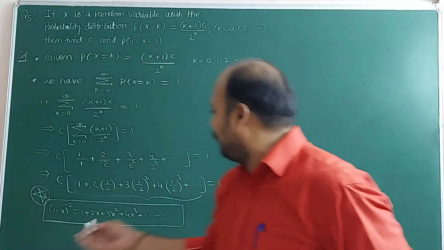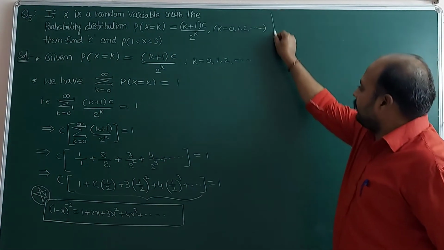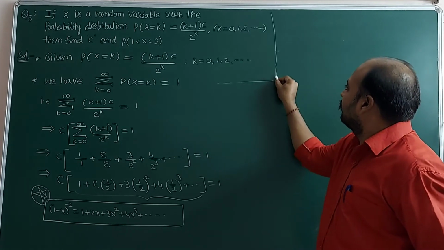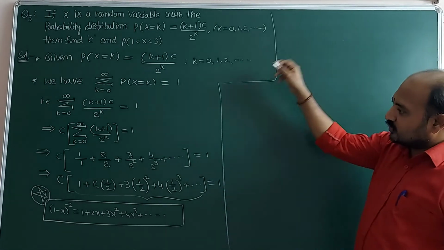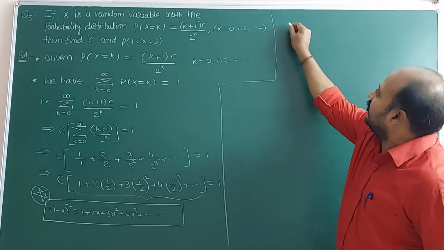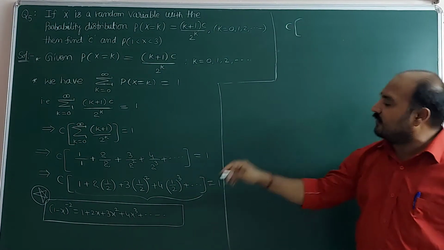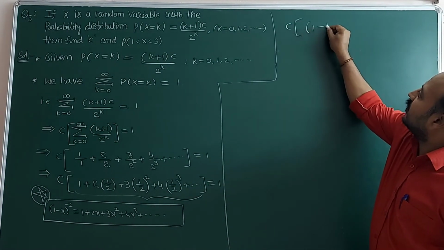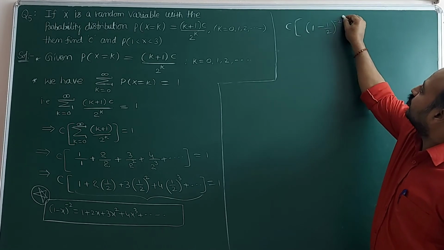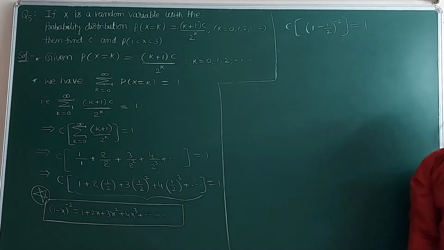So in the next step we are writing c into this bracket value, 1 minus 1 by 2 whole power minus 2, is equal to 1.